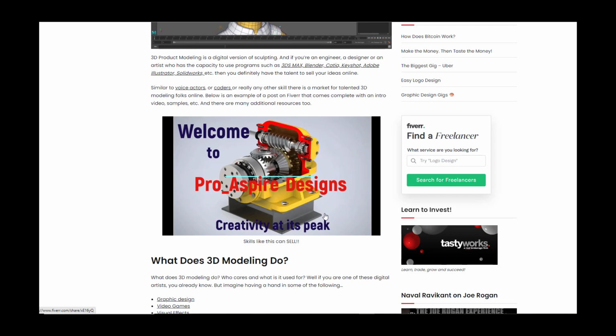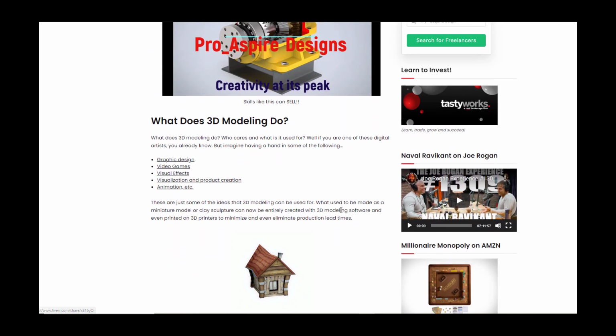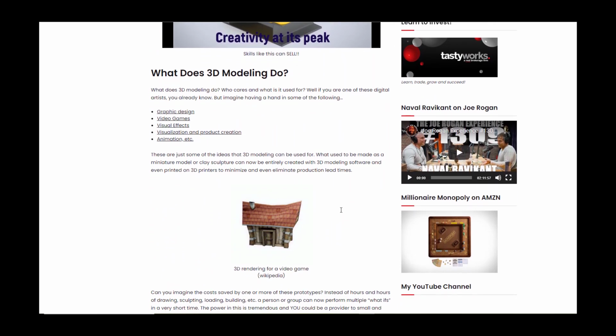There's a lot of time and money saved by modeling it first. For folks that don't know what 3D modeling does, it's a great way to explain and picture that in your process.